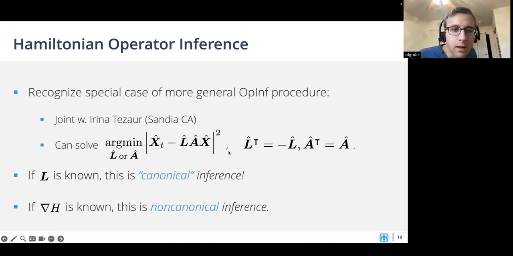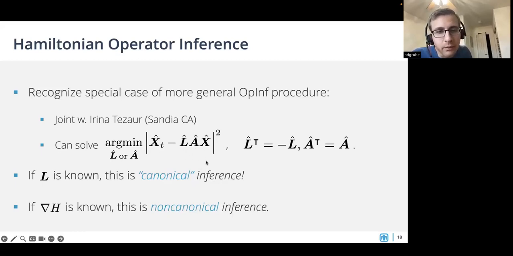That's it. So then if I know L, I can infer this just from snapshots of the time derivative and the solution. This is what I would call canonical inference, because even if your system is non-canonical, you're assuming that you know something about the symplectic structure. But if we do this, then we can infer this, and it doesn't matter what POD basis we use or anything. There are no additional restrictions here.